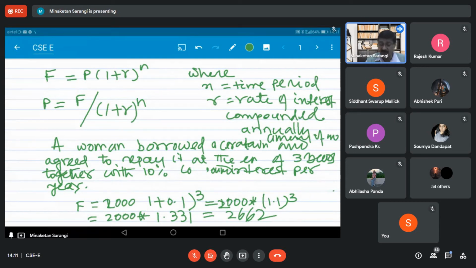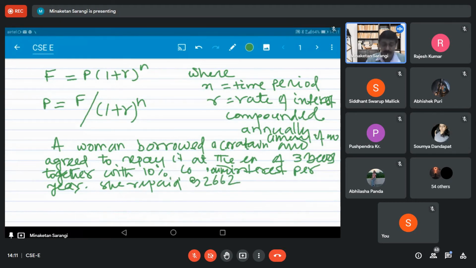She repaid rupees 2662. If she repaid 2662, how much has she borrowed?